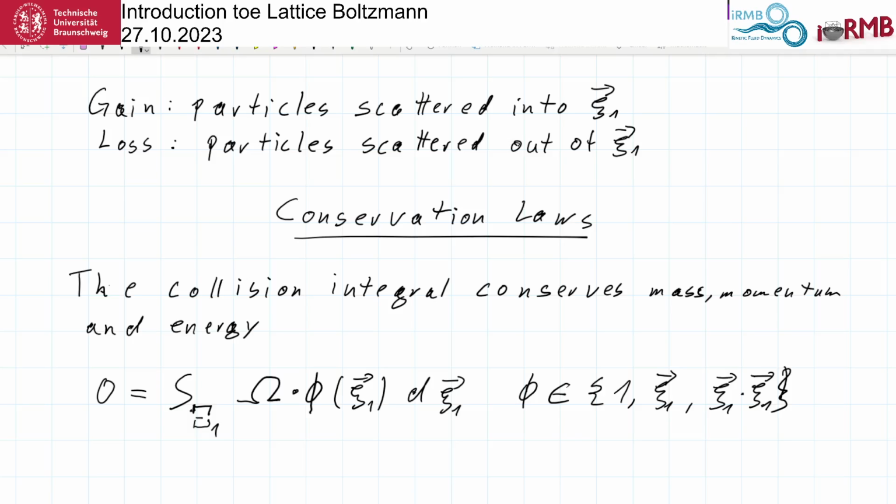And if you multiply with the velocity square, you get the energy generated by the collision, and all of them should be 0. This is why this here is 0.